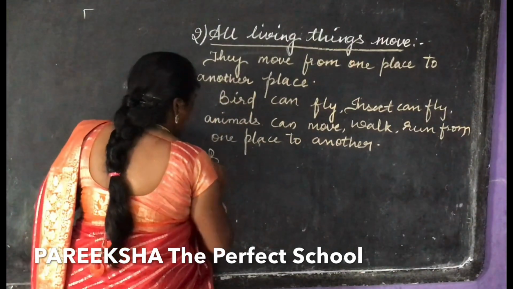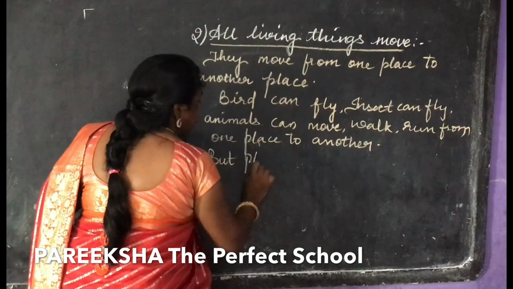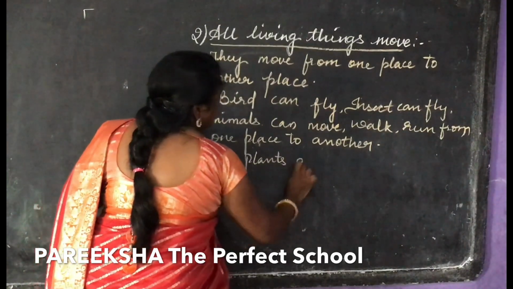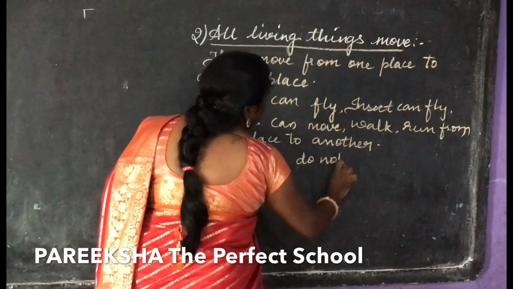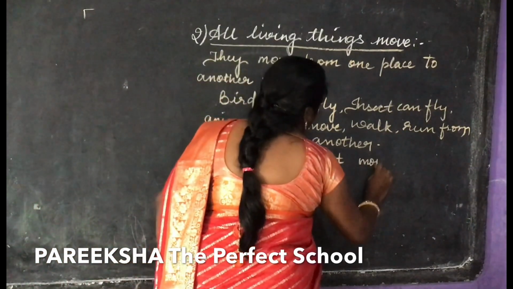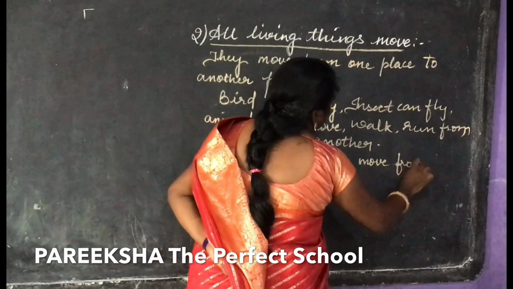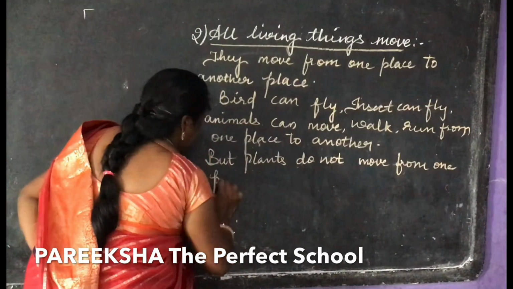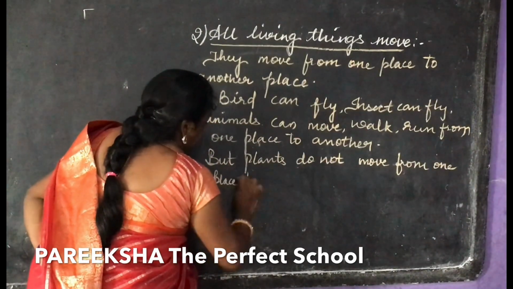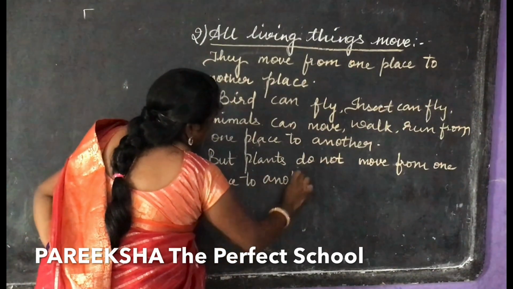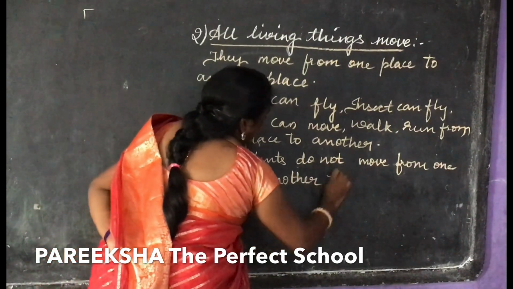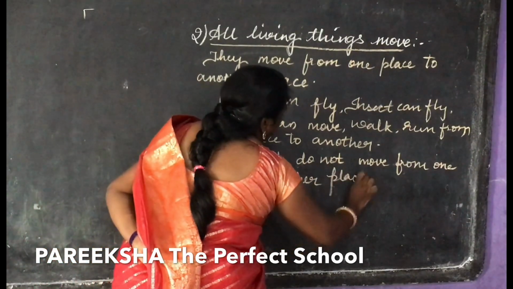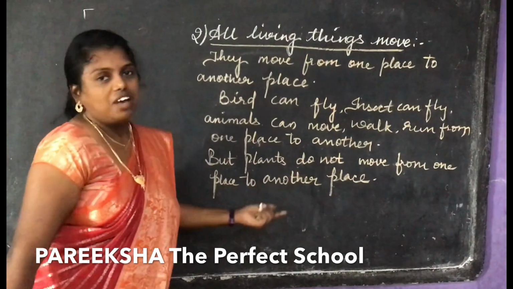But plants do not move from one place to another place. Why do plants not move from one place to another? Because they do not have any legs to move.